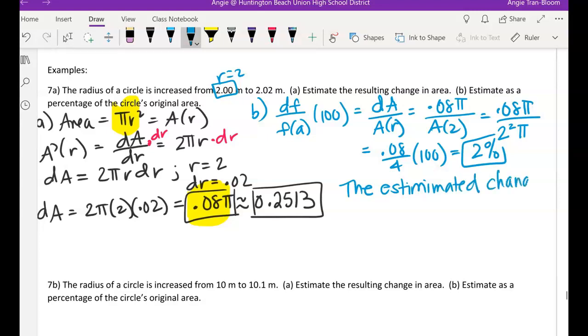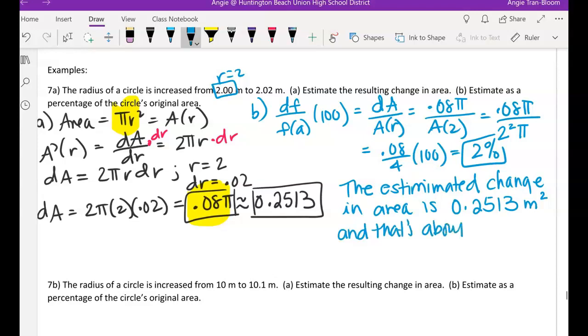change in area is 0.2513 meters squared, and that's about, we said, 2% of the original area.